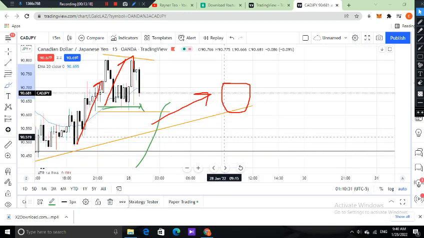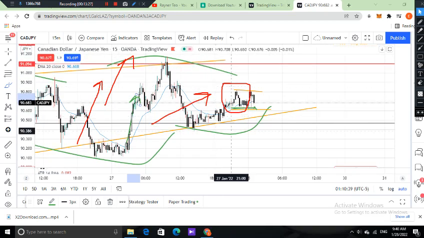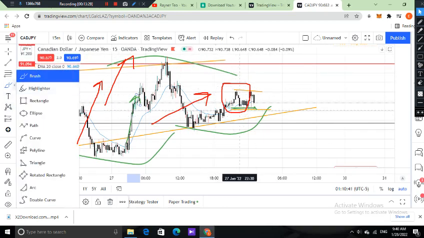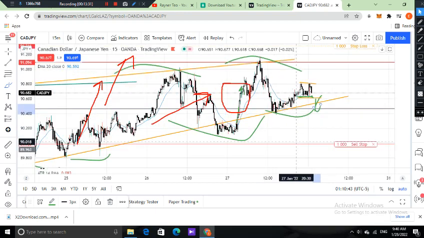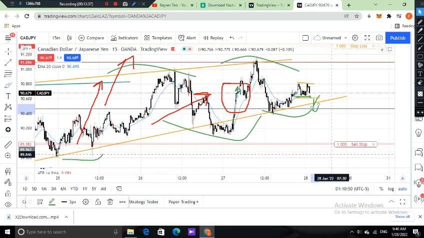So it's not impossible, and it's not surprising if you see a bear breakout below this. And if it happens, you can consider this bottom and this one as your target.